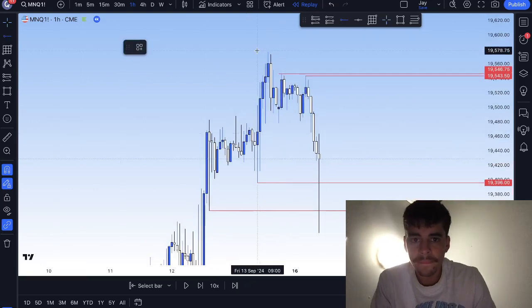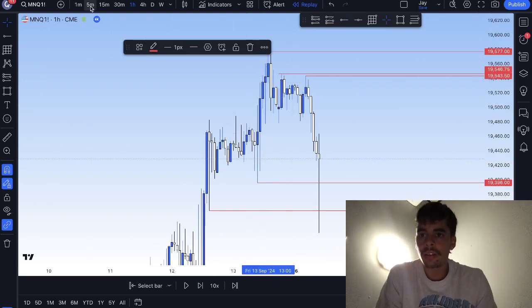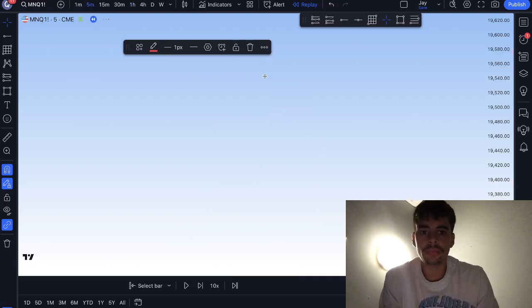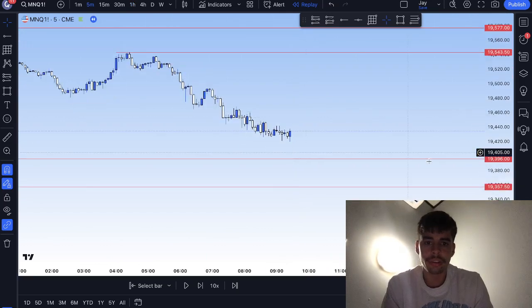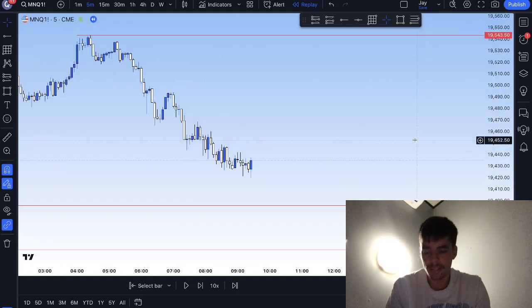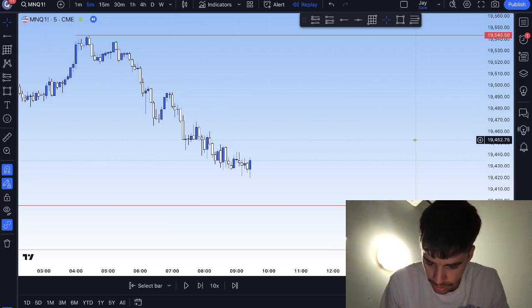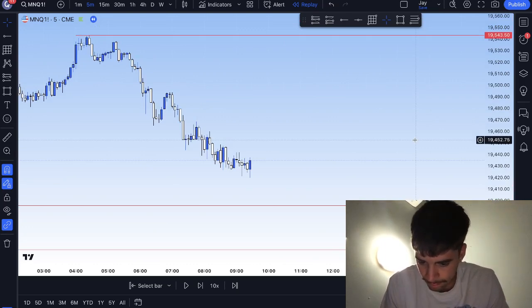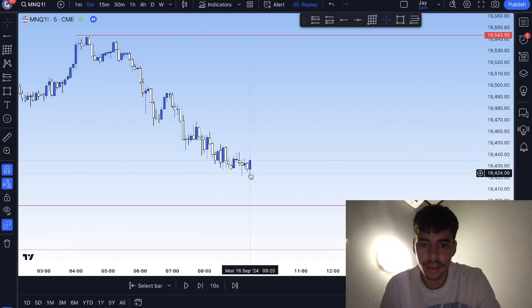Nope. This would be final TP. Okay, we can get rid of this 4-hour high because it's very close to the 1 hour. We're not going to take profit twice in the same area. Monday, we had 8:30 news, so news is already out.